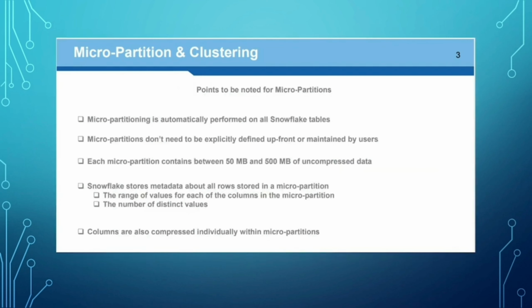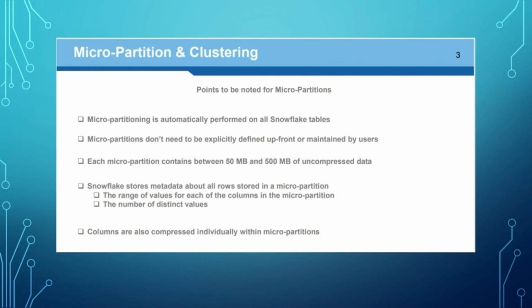Now, let us look at the key points to note for micro-partitioning. Micro-partitioning is automatically performed on Snowflake tables, and micro-partitions don't need to be explicitly defined upfront or maintained by the users. As discussed, each micro-partition contains between 50 MB and 500 MB of uncompressed data.